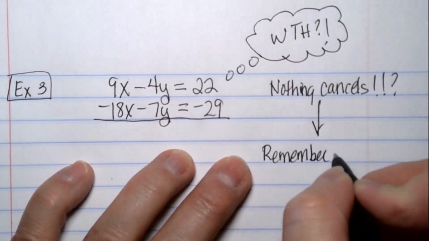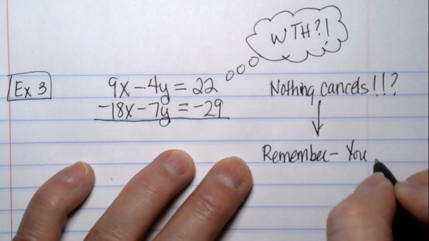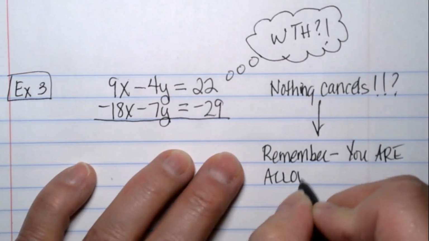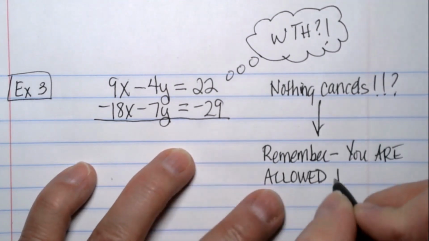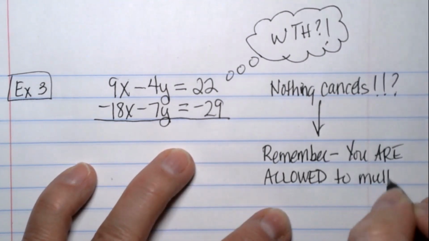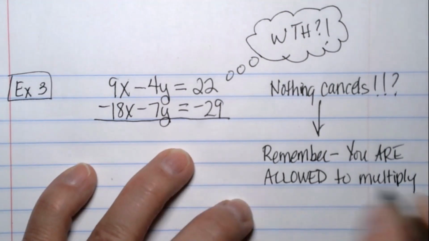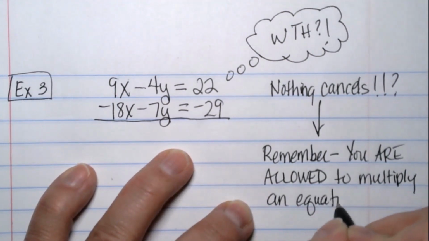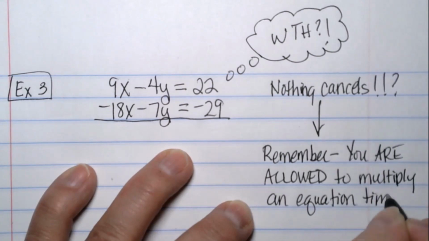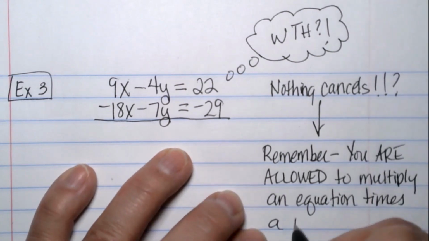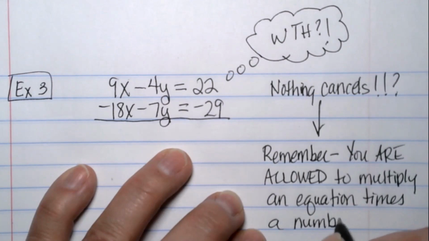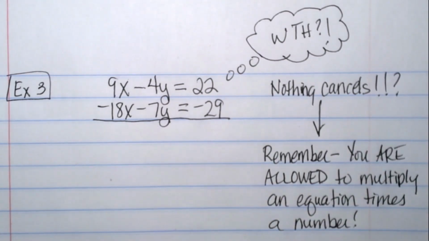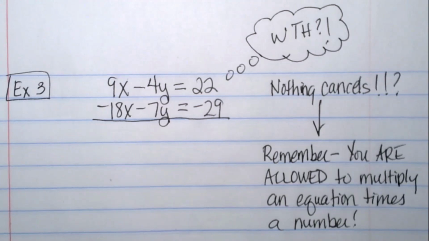Remember, you are allowed to multiply an equation times a number. But when you do that, you're going to have to multiply everything in that equation times that number.